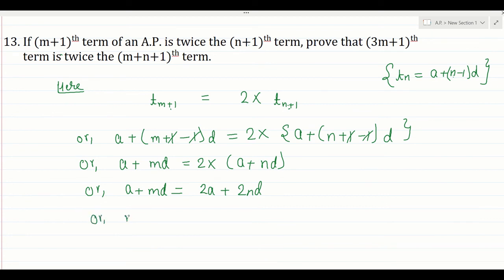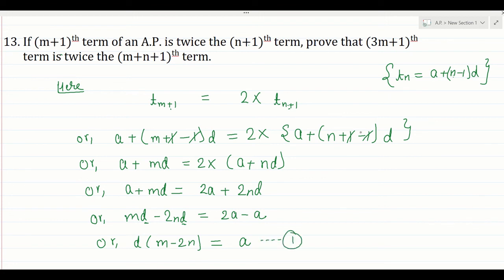We can write this as MD minus 2nD equal to 2A minus A, or here is D, here is D, can be taken common. So we have D in bracket m minus 2n, and here we get 2A minus A as A. So this is our equation 1.